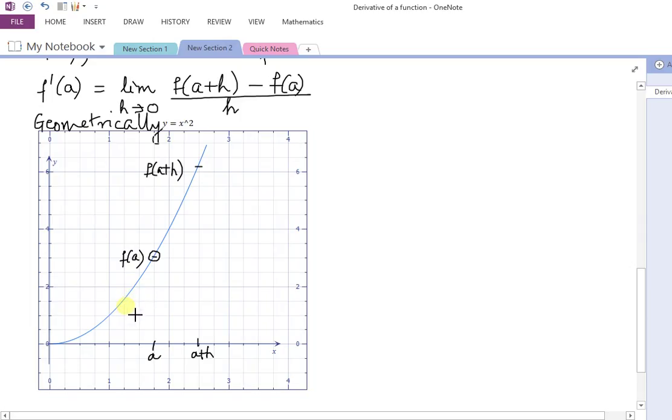So here is our tangent to the function at this point. Now let's also complete this triangle over here.